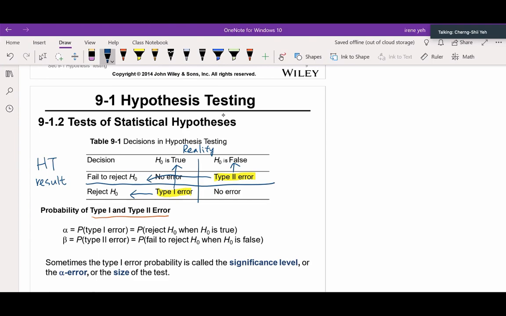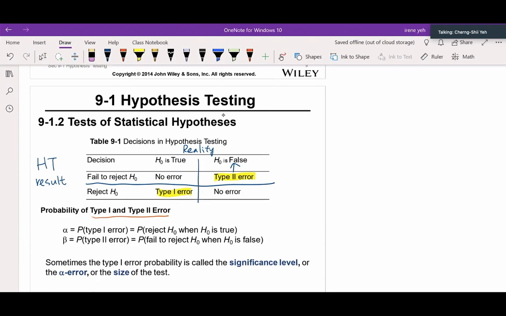That's when you make another mistake. For this type of mistake, we refer to it as a type 2 error. You don't have to memorize the definition. You should have this table ready, so you can derive the probability accordingly. You know what the definition of type 1 or type 2 error is.